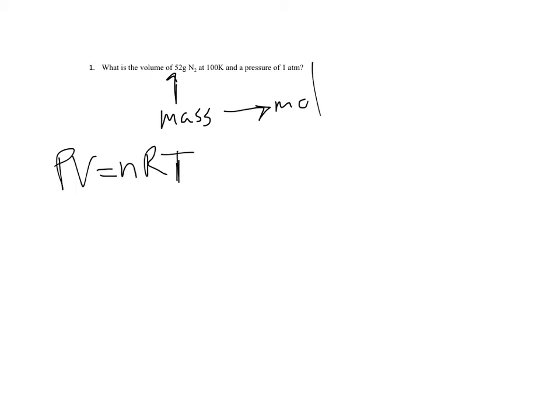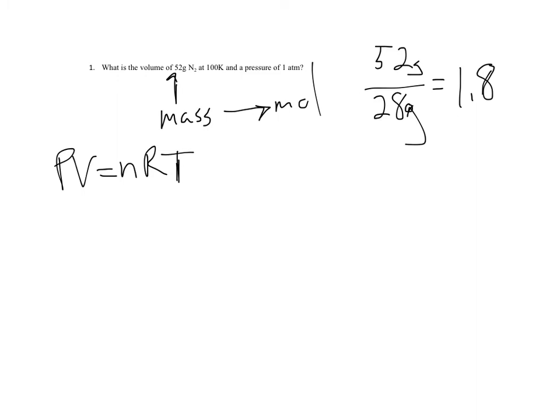So if I can convert the grams to moles, then I can plug the number of moles into the ideal gas law. So to convert grams to moles, we divide the number of grams we're given, 52, by the mass of nitrogen gas, N2. Look it up on the periodic table. Nitrogen has a mass of 14, so N2 would be 14 times 2, or 28.